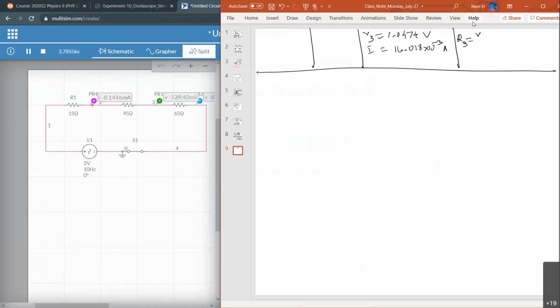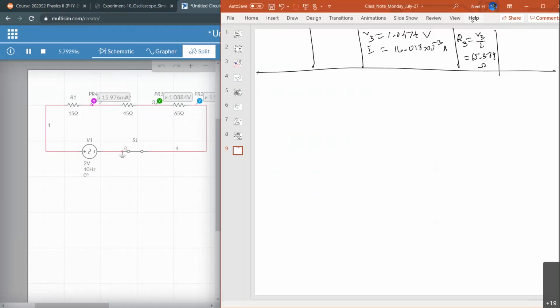Then you take the ratio between these two to calculate R3. That's going to be V3 over I. That's the calculated value. If you do that calculation, you will get 1.0474 divided by 16.018 times 10 to the power negative 3. So you will get 65.389 ohms.